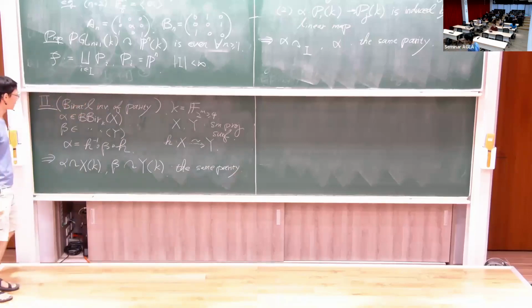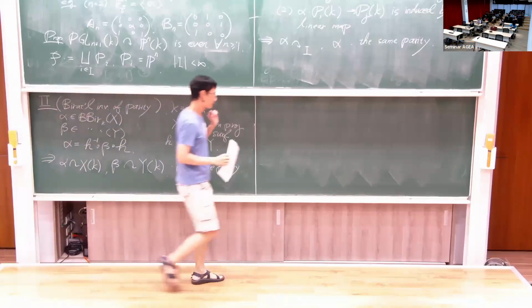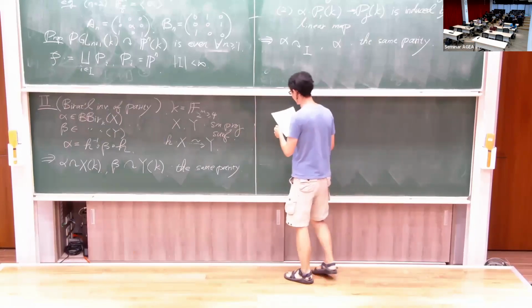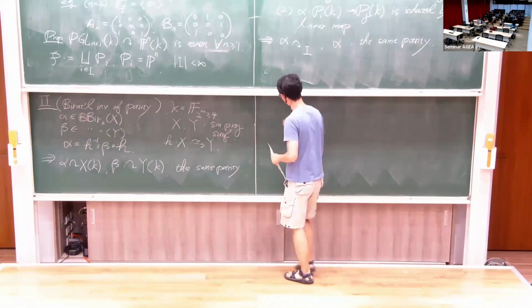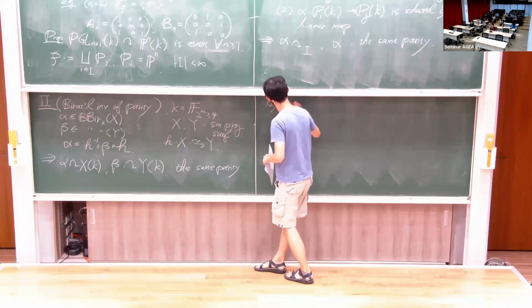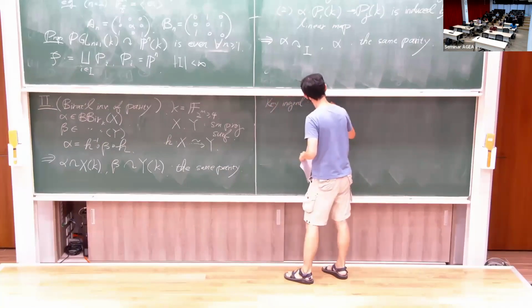So the parity over this ground field is invariant under conjugation by birational maps. And the key ingredient in the proof of this theorem is a big theorem called strong factorization.